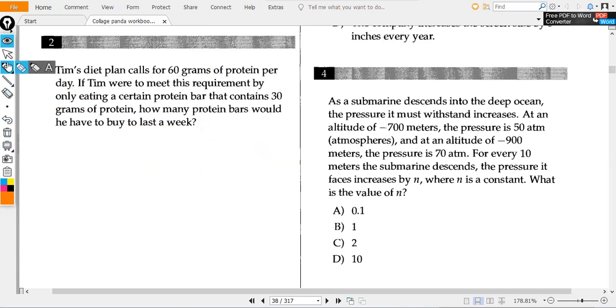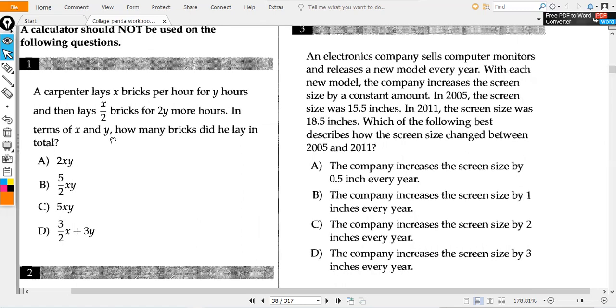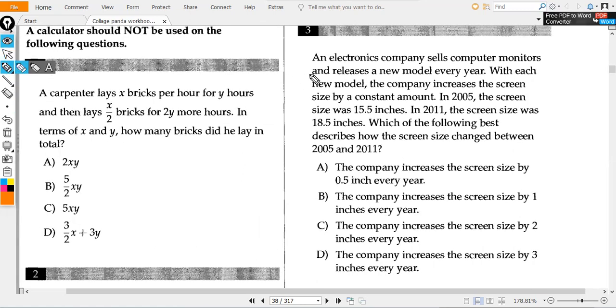So let's go to the next one. Number 3 now. An electronics company sells computer monitors and releases a new model every year. With each new model, the company increases the screen size by a constant amount.